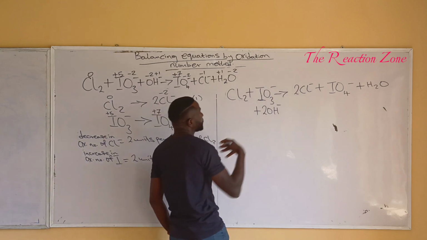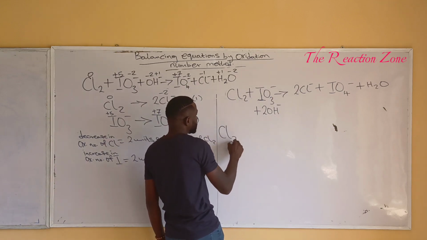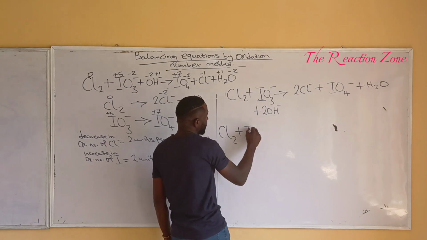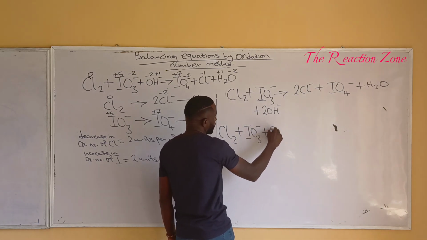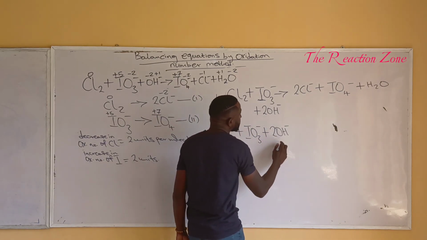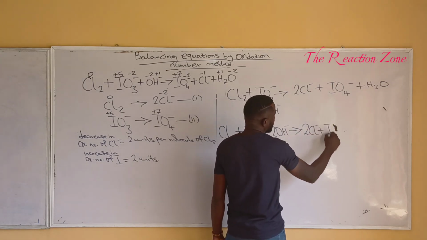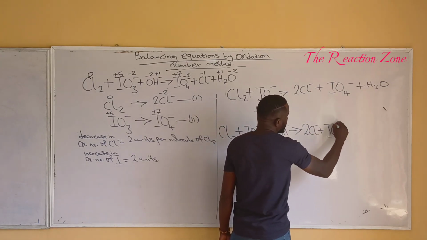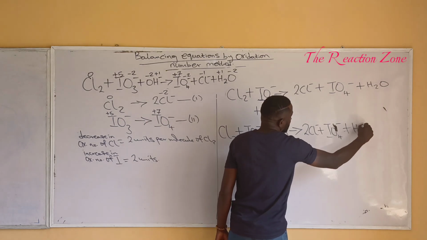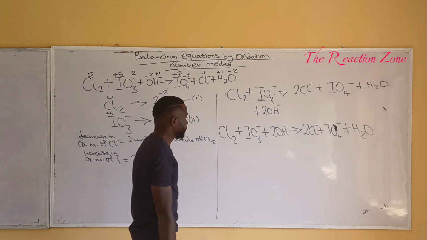So if we rewrite this properly, it will now be Cl2 plus IO3 minus plus 2 OH minus will give us 2Cl minus plus IO4 minus plus H2O.